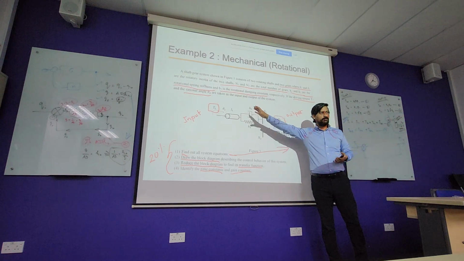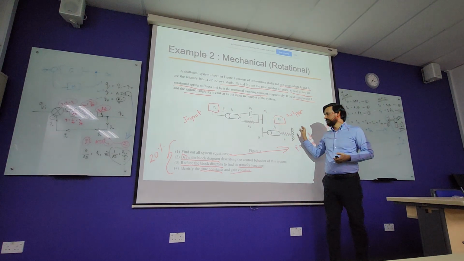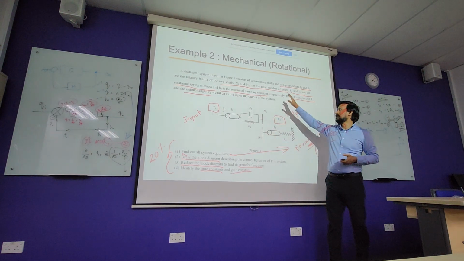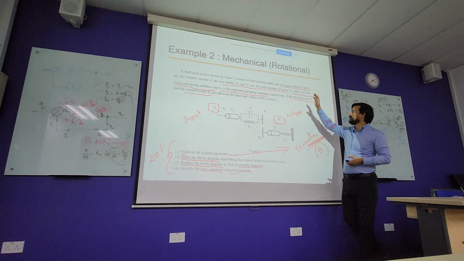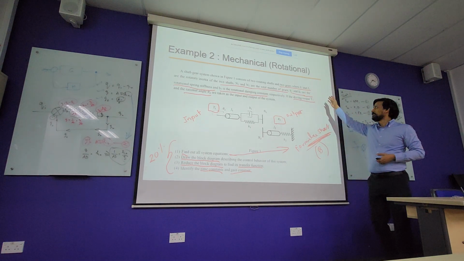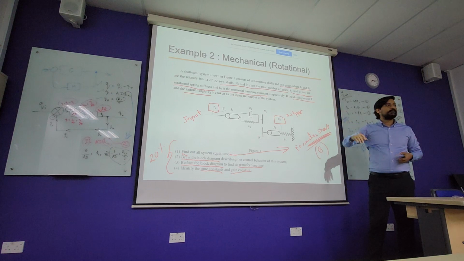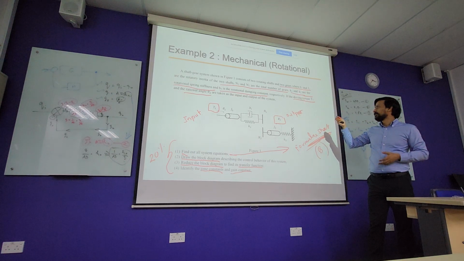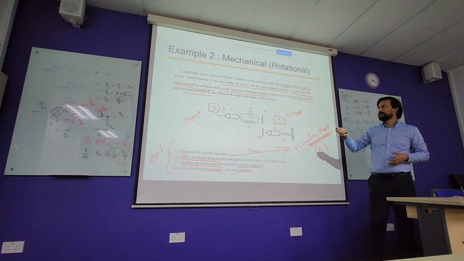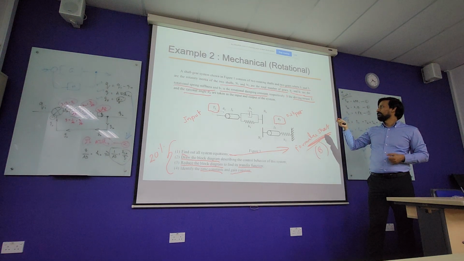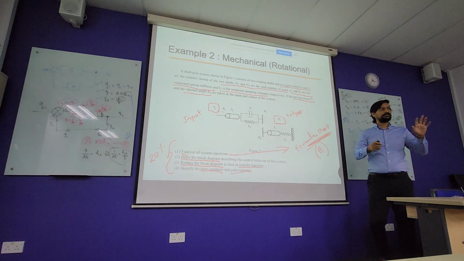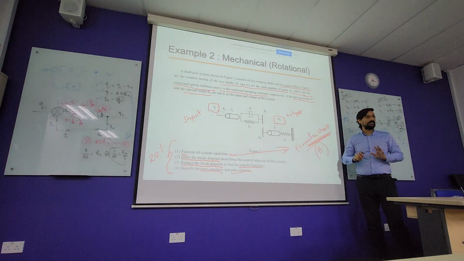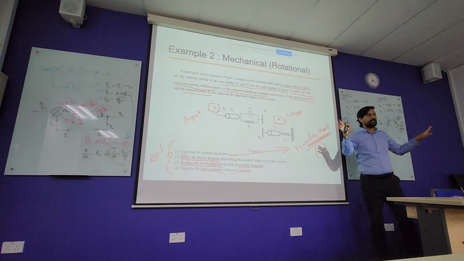So 1 means all the components in shaft 1, and 2 means all the components in shaft 2, because the question says 2 rotating shafts. I'll specify 2 gears and J1, J2 for the rotary inertia, which is nothing but the mass of the 2 shafts, and N1, N2 is the number of gear teeth, K1, K2 is spring and damper. So basically it just relates by 1 and 2, and it is clearly specified as 2 shafts.